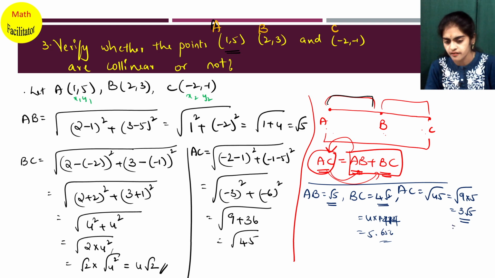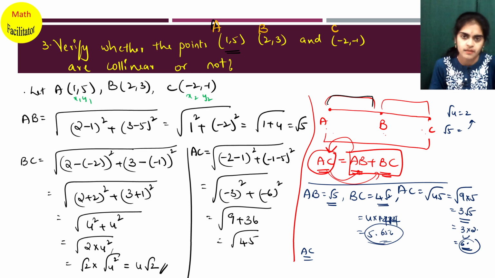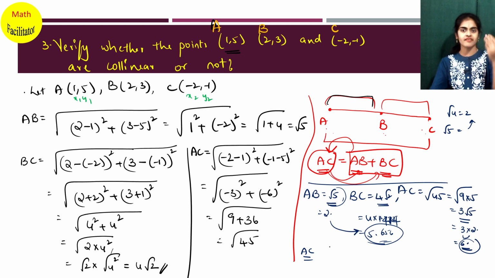Now 3 into root 5: root 4 is 2, so root 5 will be more than 2, so it is 2 point something. If you multiply, you will get 6 point something. So which is bigger? The AC value is bigger, 6 point something. This one is 5 point something, and root 5 is again 2 point something. So this 5 point something and 2 point something, if you add, you will get 7 point something.